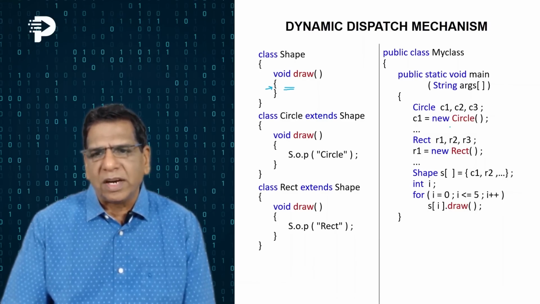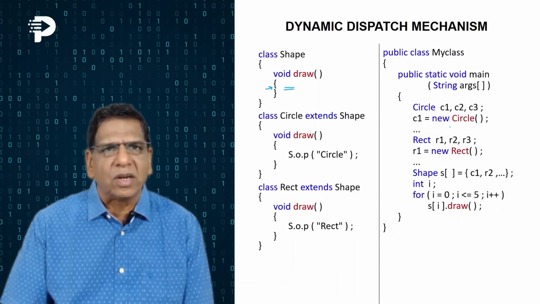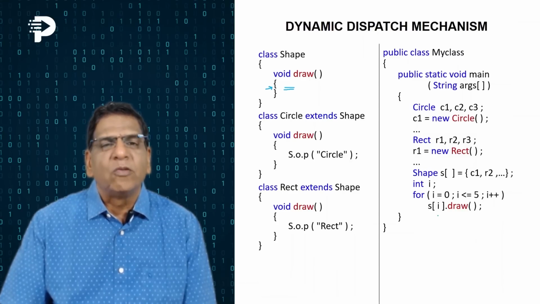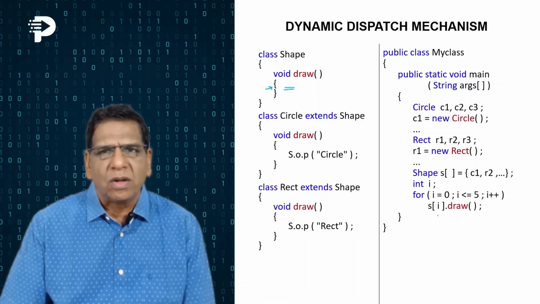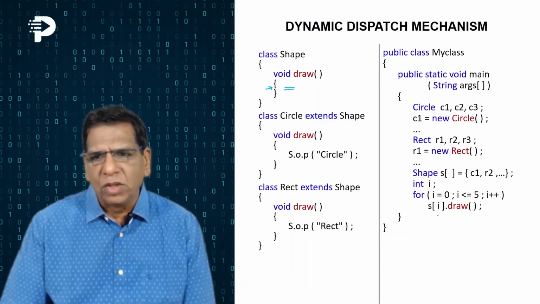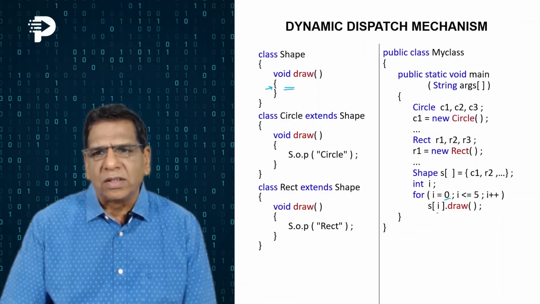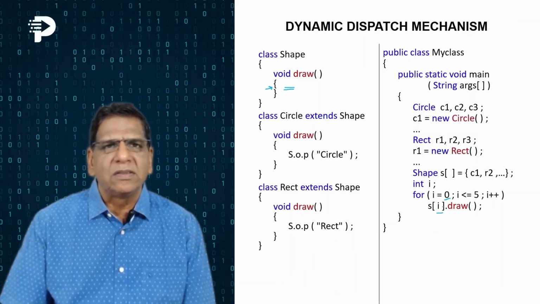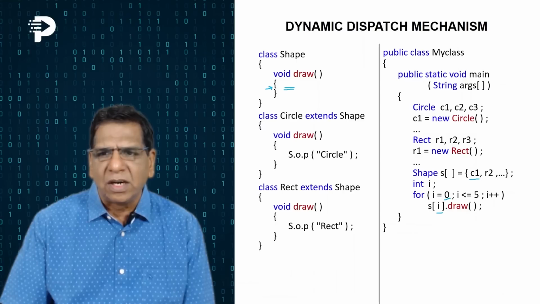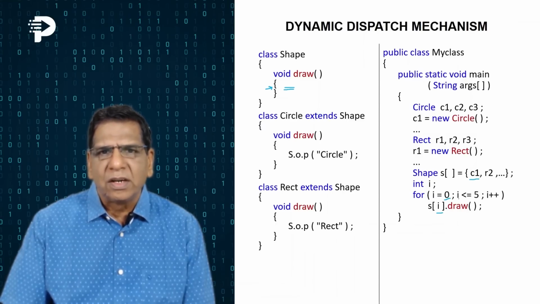When I do this Si dot draw, the appropriate class's draw gets called. What do I mean by appropriate class's draw? Well, when i is 0, this will be S0 dot draw. What does S0 contain? S0 contains C1, means it contains the address of a circle object. Hence this draw will bring us to the draw of the circle class.